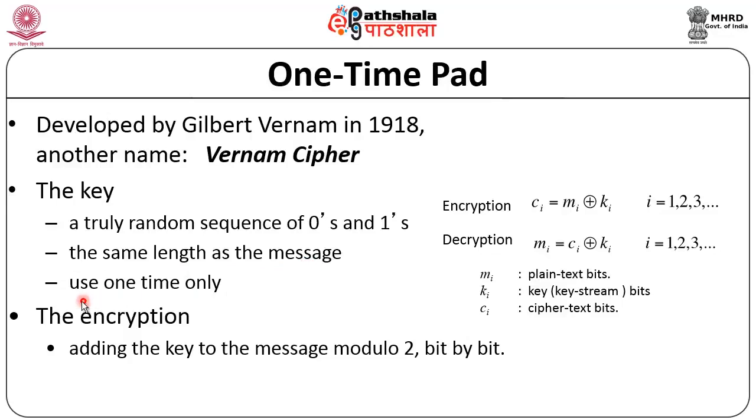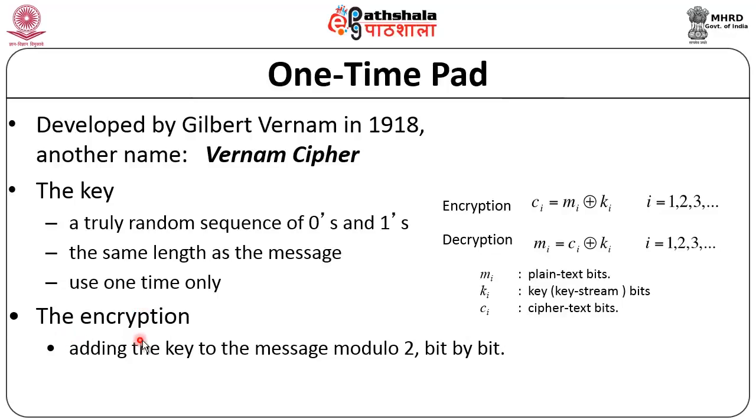It also has the one-time property. If we use the key again, an attacker has a chance to get back the original message or derive the key, as there is a lack of diffusion and confusion.